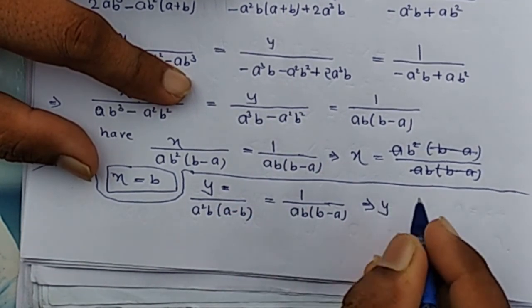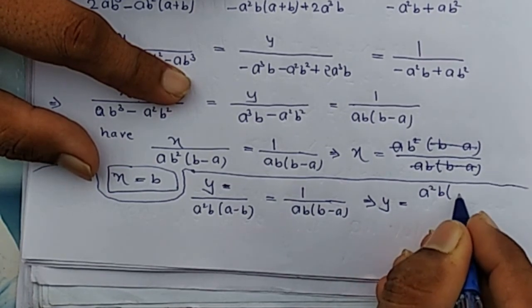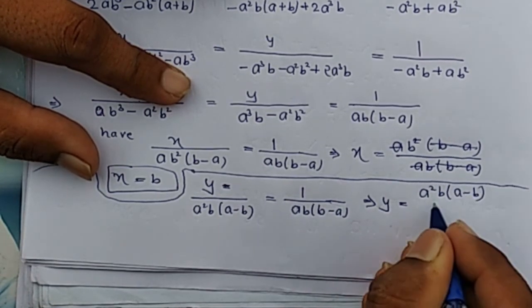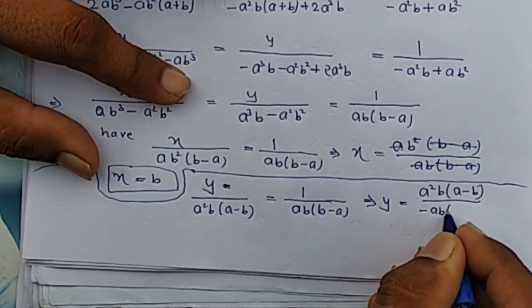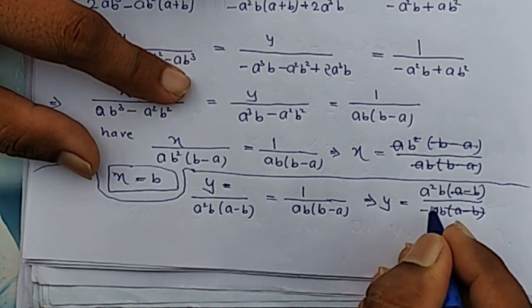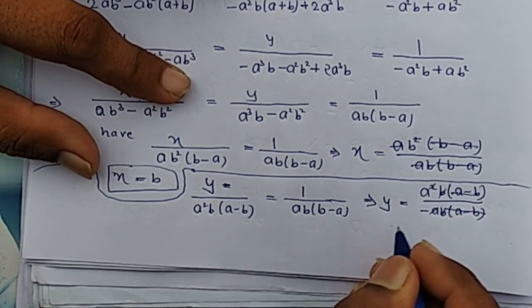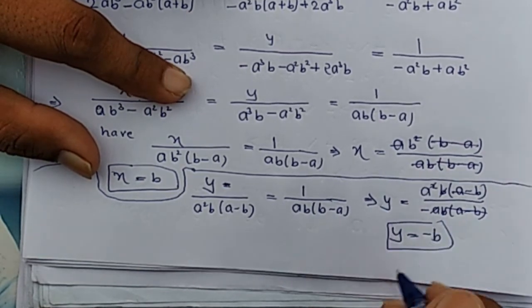Now y equal a square b a minus b, take minus 1 common, and a minus b, we have y equal minus b, and it is the answer.